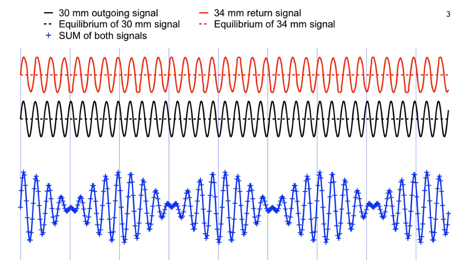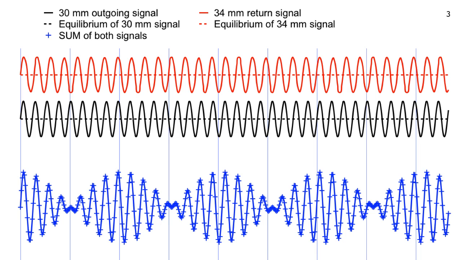I regraphed everything, this time with the wavelengths specified, in this case 34 millimeters. Okay? And for convenience, I put horizontal dashed lines in here for the equilibrium level of both signals.